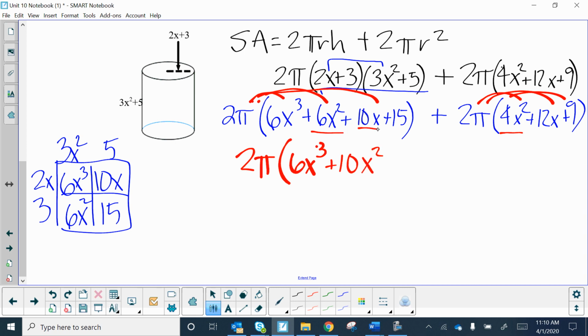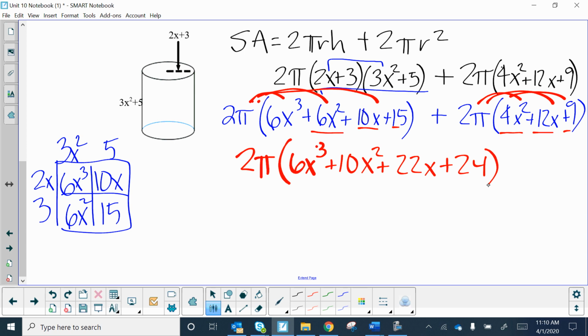And then we have 10x and 12x, which ends up being 22x. And then we have 15 plus 9, which ends up being 24. So hopefully you can understand what I did there. I factored out the 2 pi, and since both of these have 2 pi, I am allowed to add those two. It's kind of like terms also, if that's another way you want to think of it.